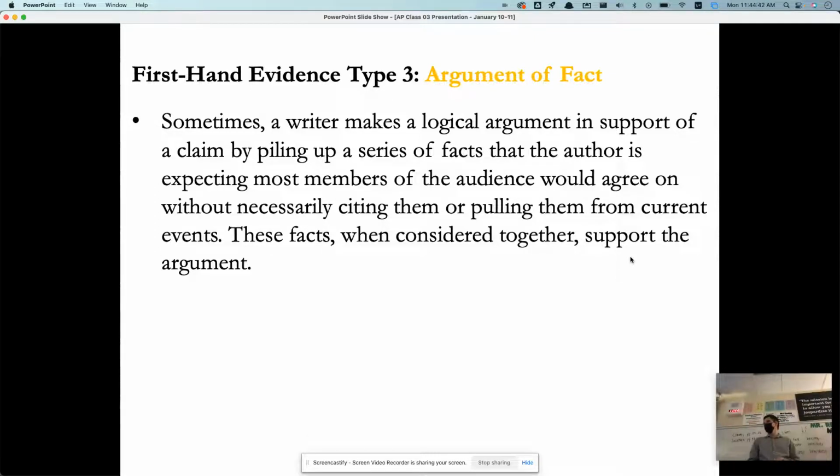I think if all academic writing were just make a claim and then go find a source and cite it, and then go find another source and cite it, and then go find another source and cite it, that would actually be really boring. But it's not. This is very common, especially in synthetic type writing.